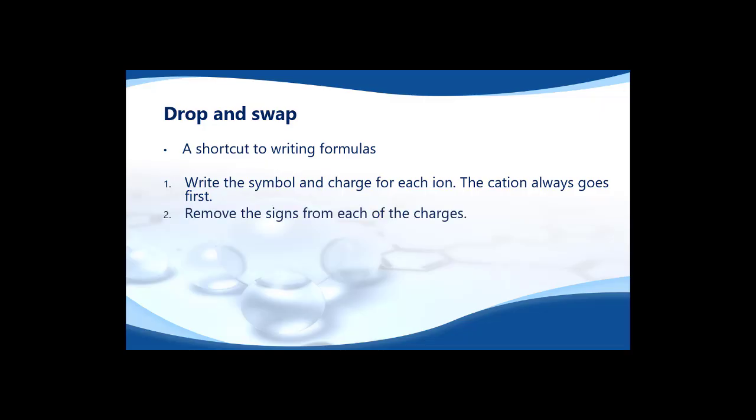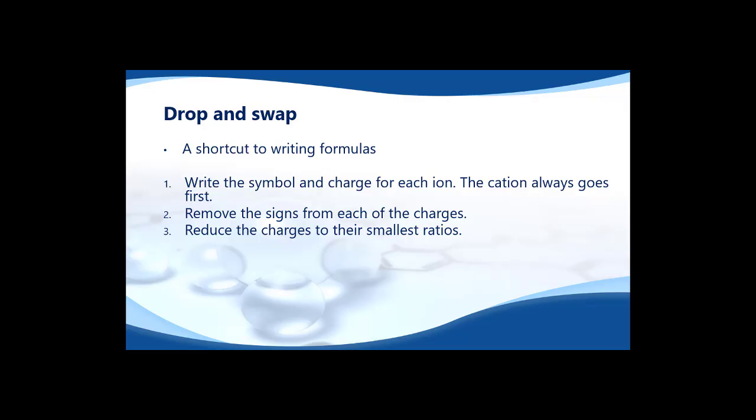The reason why is because when we go to drop them, we make them subscripts later on. You can't have a negative number of atoms. It's not possible to have less than 0 of something. Then you reduce the charges to their smallest ratios. So if I have a 2 and a 2, those will reduce down to 1 and 1 because each number is divisible by 2.